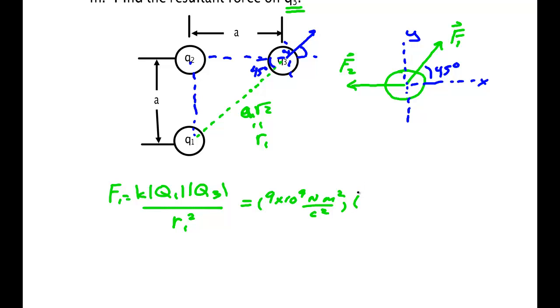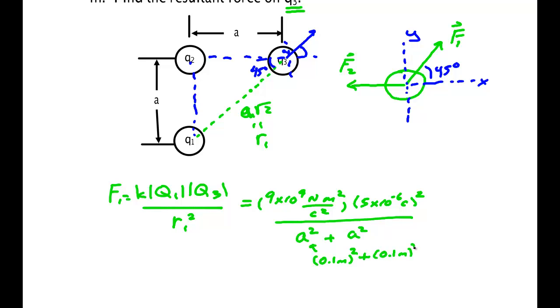The charge was 5 times 10 to the minus 6 coulombs on Q1, and on Q3 it was the same, so that's squared. Now, this R squared, it is convenient when you're looking for a hypotenuse to realize that the square of the hypotenuse is the sum of the squares of the other sides. So that's a squared plus a squared. But we know what that is. That's 0.1 meters squared plus 0.1 meters squared.